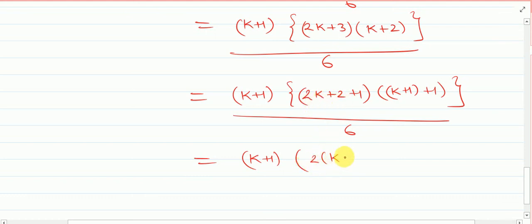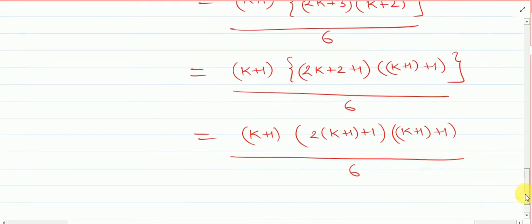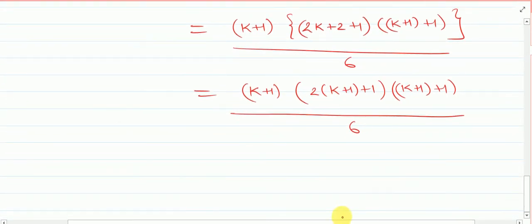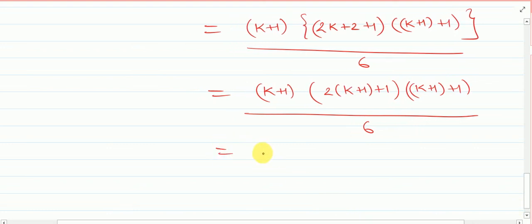So (k plus 1)(2(k plus 1) plus 1)(k plus 1 plus 1) upon 6. Now you can rewrite it as this.